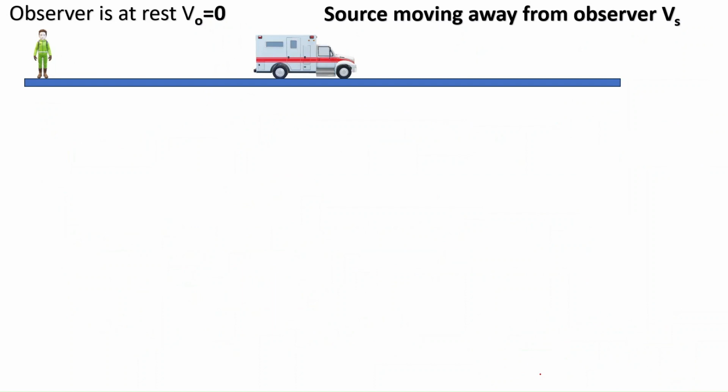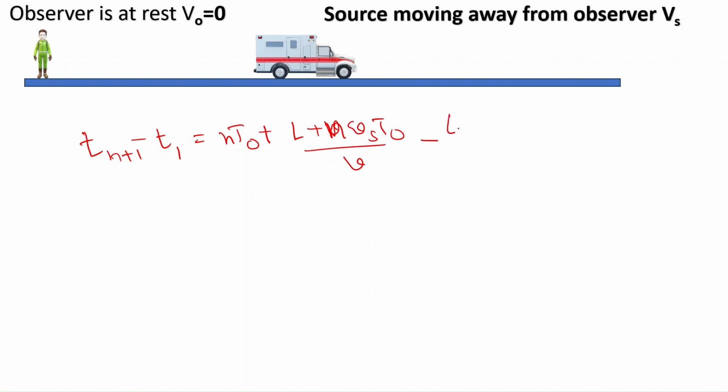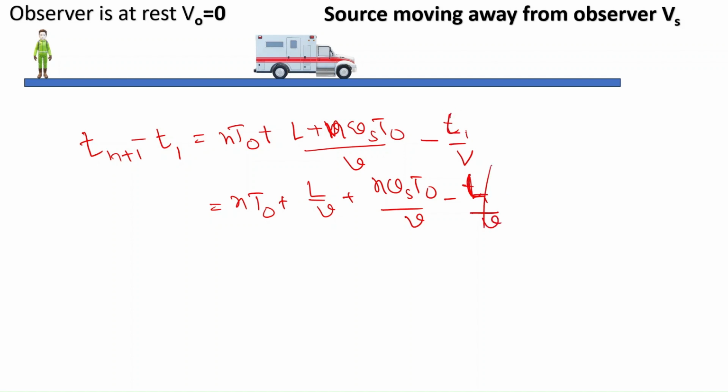Now coming to tn plus 1 minus t1, that is equal to n t0 plus L by V plus n Vs t0 by V minus t1, where t1 is L by V. L by V minus L by V gets cancelled.